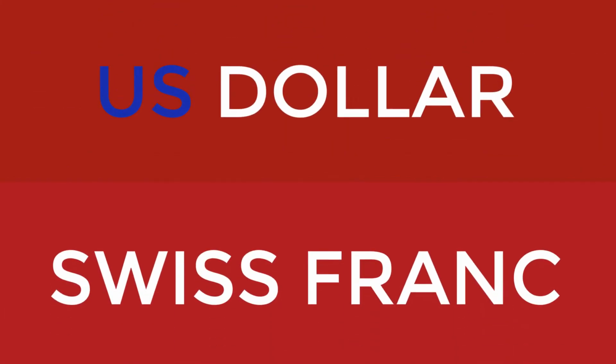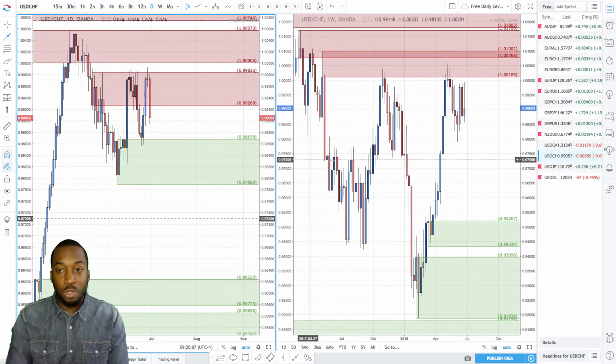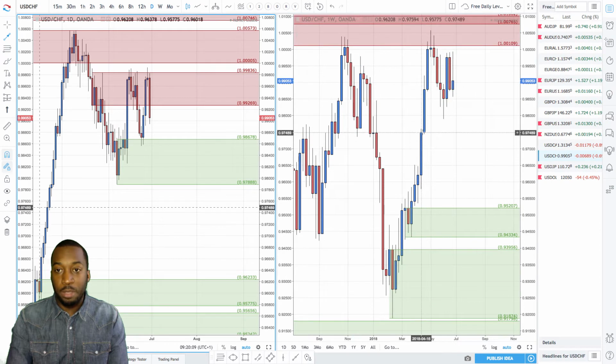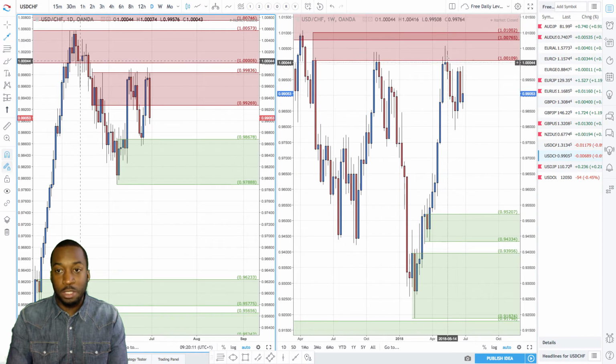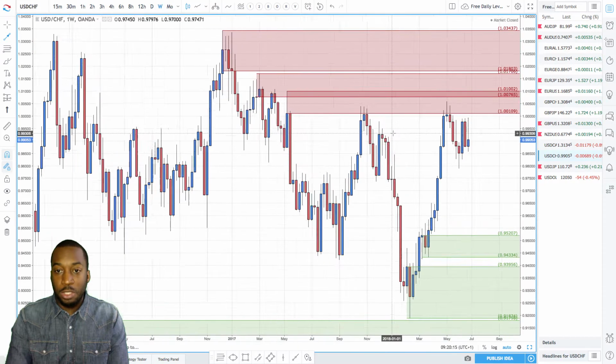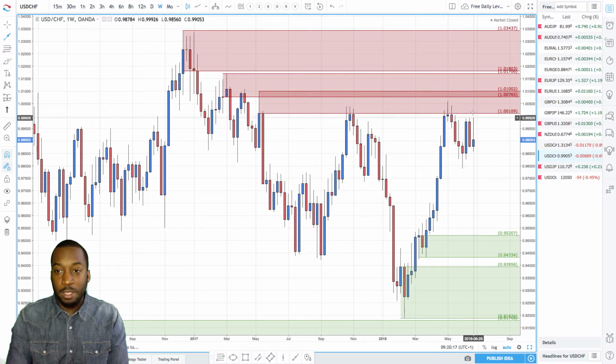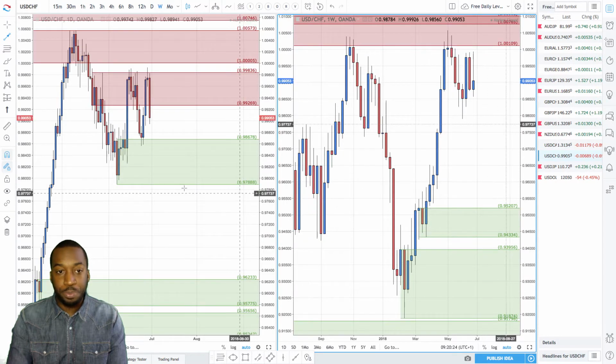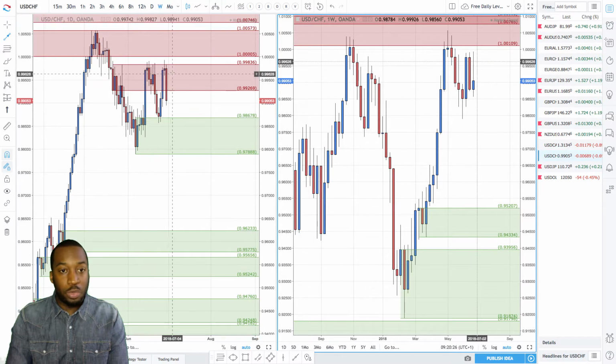So moving on to the dollar Swiss this week. On the weekly, we've come up into this supply zone on the right hand side. Let's go to the weekly chart, and you can see it's kind of bounced off it again. And this week we've come up slightly and then dropped off a little bit. So you can see that corresponds on the daily right here.